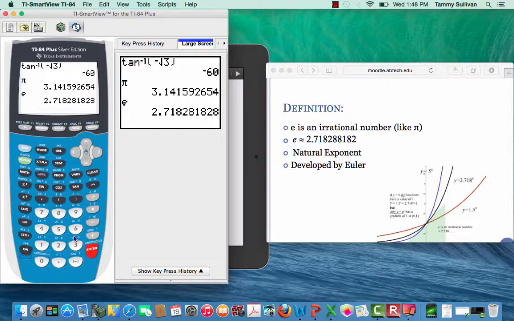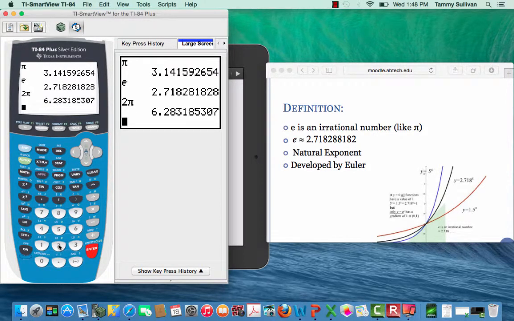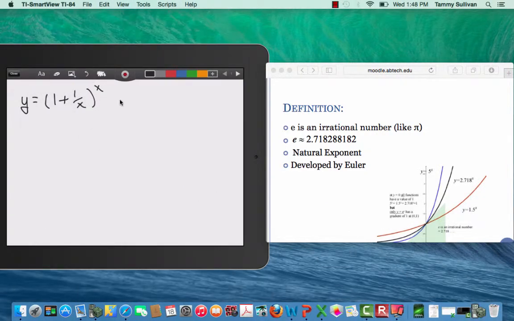Like I can calculate, just like we calculate 2 pi, you can calculate 2e. E just represents that decimal representation of about 2.7183 rounding. So to recap, as x gets larger and larger, that y value is going to E as approximations.